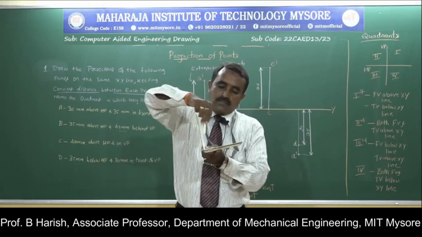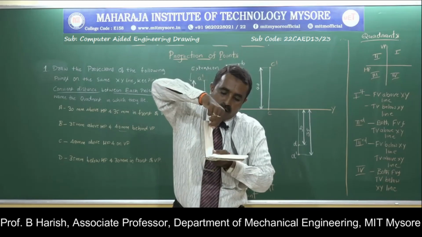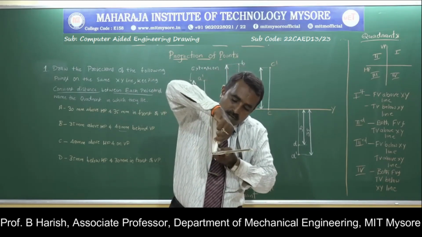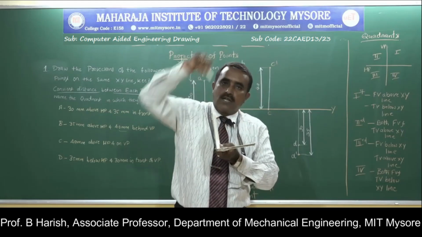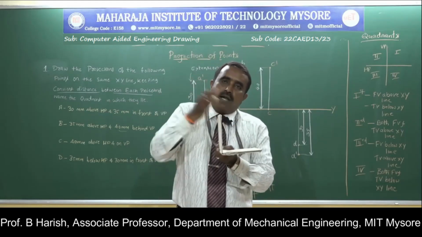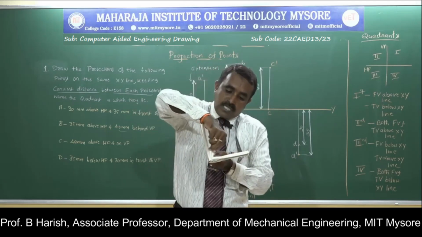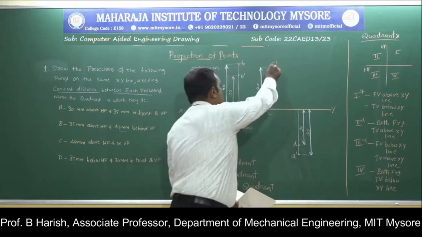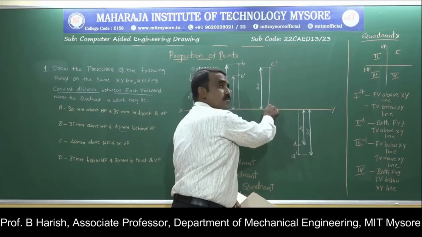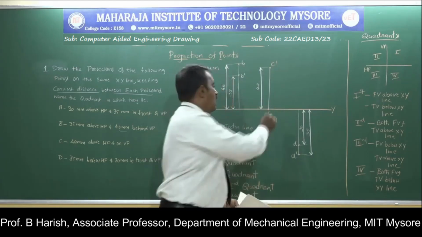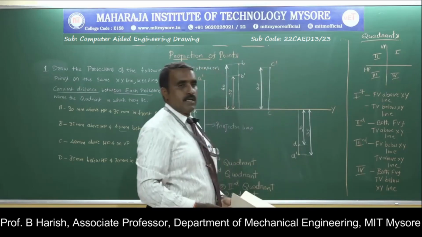Since it is on VP, if you look from the top, it will be projected on your XY line. It can be in front or behind, that is not mentioned, but the projection will be on the XY line. So from here you draw a vertical projector. This point is C, the top view, and this is C dash.